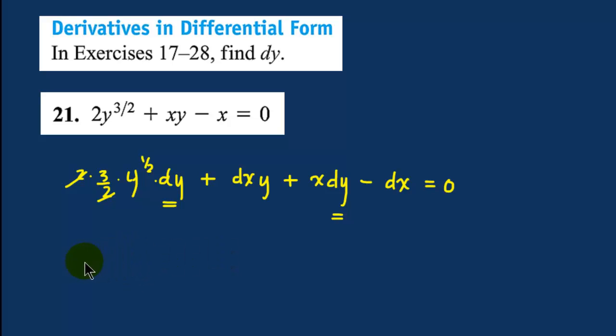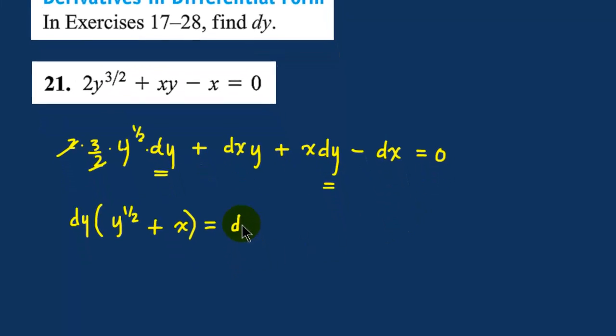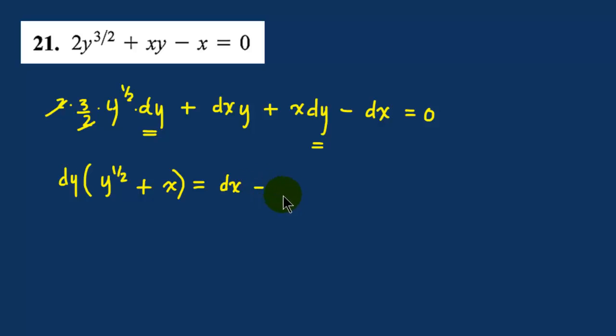So what we have is dy multiplied by y to the 1 half plus x, and then if we move these other terms to the right hand side, what we'll have is dx minus dxy. And so this is equal to dx times 1 minus y.